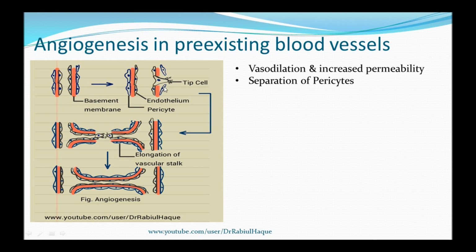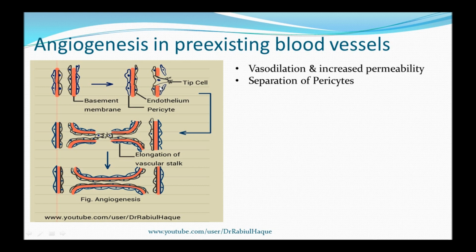Always remember that in larger blood vessels there can also be smooth muscle cells present around the endothelial cells. So coming back to today's discussion, the next step of angiogenesis is separation of pericytes from the abluminal surface, and also breakdown of the basement membrane.